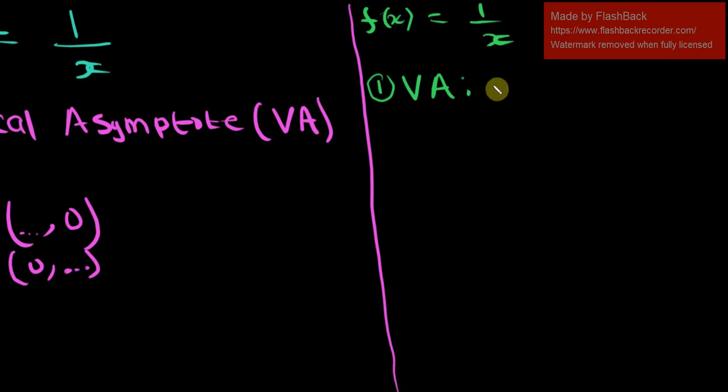So in this case, x is equal to 0. By equating the denominator to 0, we can solve for the values of x, which inform us of the location of the vertical asymptote. So the vertical asymptote lies at x equals 0.